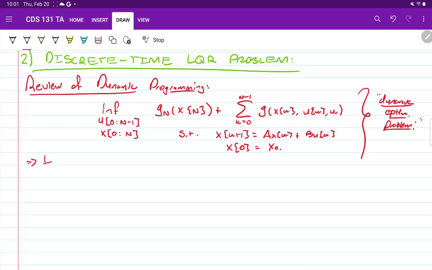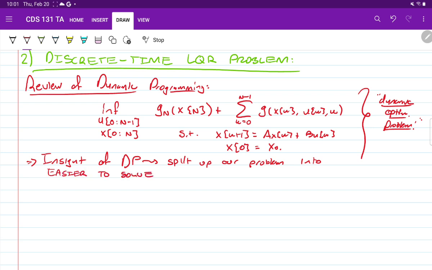Now, the insight of DP, or dynamic programming, is that we can split up our problem into easier to solve pieces, right?